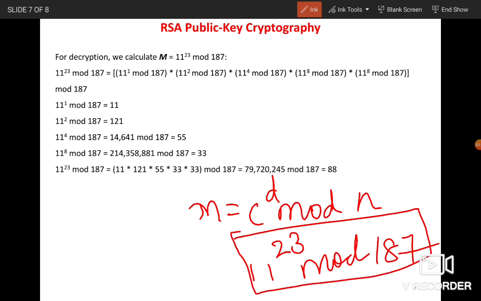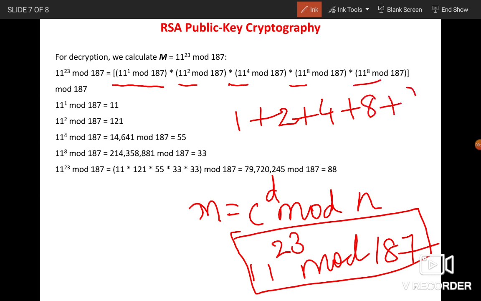So again you can apply the modular arithmetic operation. 11 power 1, 11 power 2, 11 power 4, 11 power 8, that is 1 plus 2 plus 4 plus 8, and again one more 8, so 23. Okay. So our aim is to calculate 11 power 23.